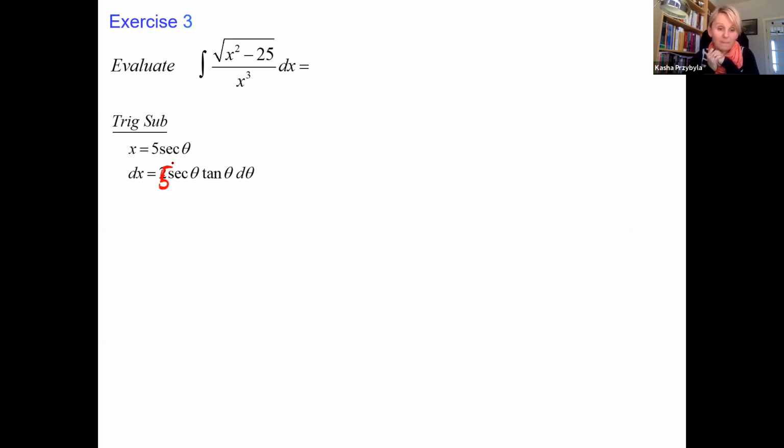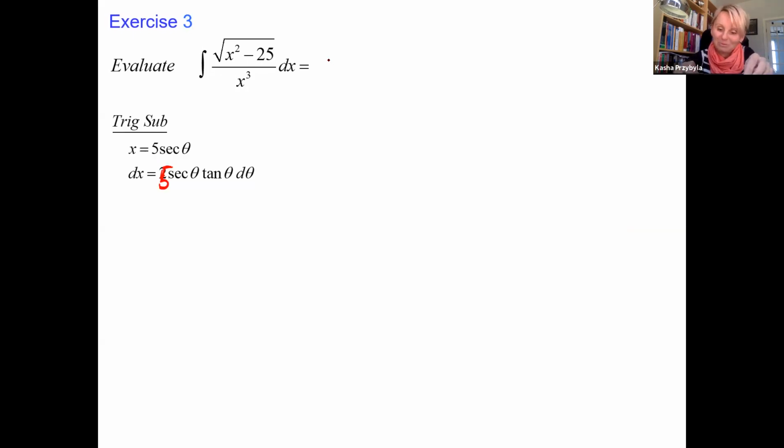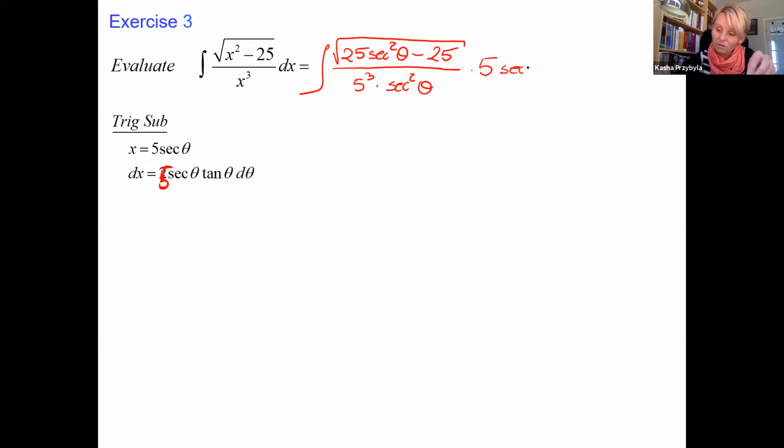Let's replace everything. X squared will be 25 secant squared theta, minus 25, and then 5 cubed and secant cubed. And dx, please do not forget dx. Dx is 5 secant theta tan theta d theta.